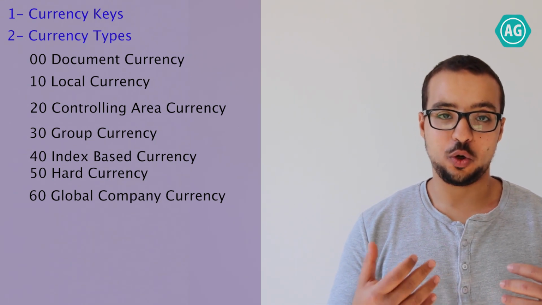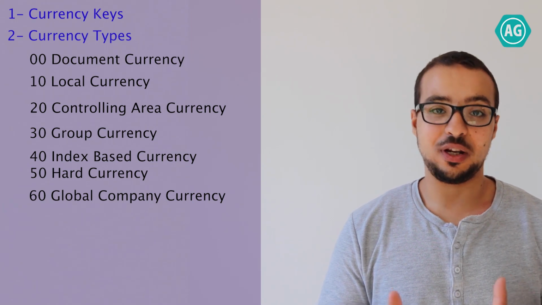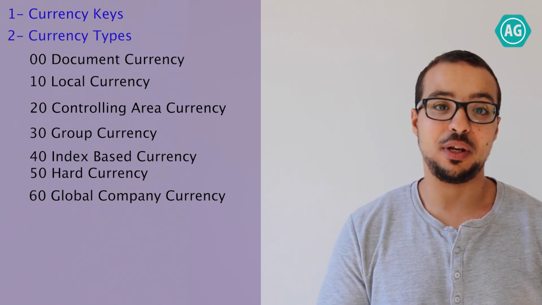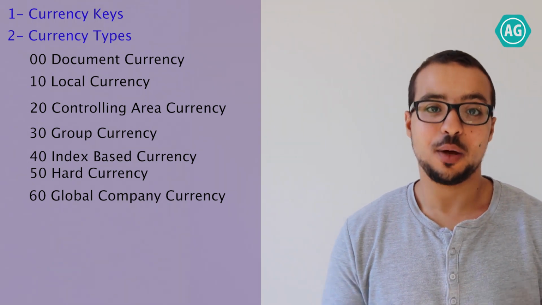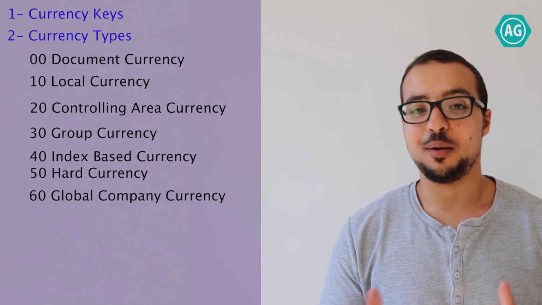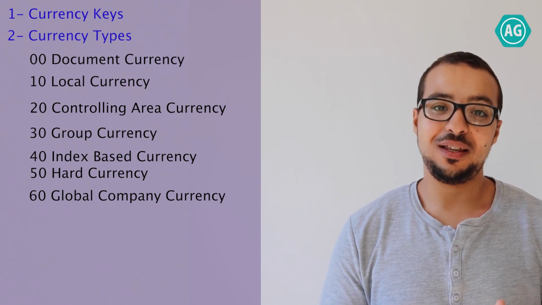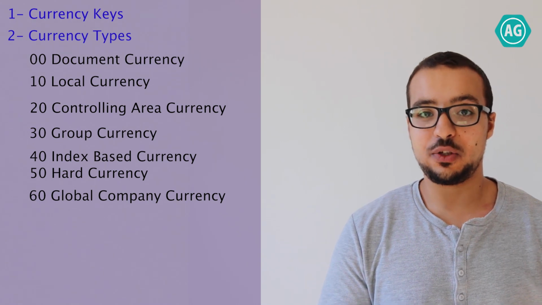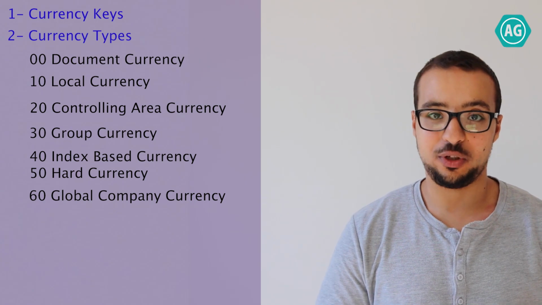So if we are going to report consolidated financial statements, we do this using an organization entity which is called a company. This is different from a company code. Company code is the legal entity, company is the consolidation entity. And I'm going to show you exactly what this is in the system now. So we maintain the global company currency on the company definition level, and this is used for consolidation reporting.